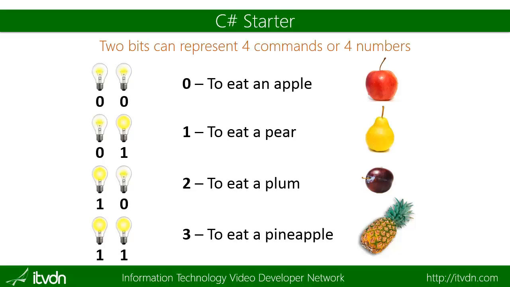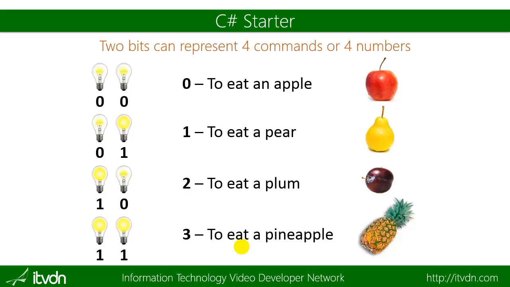You can see we have 0, 0, which means 0, instruction eat an apple. 1, 0, meaning 1, instruction eat a pear. And so on it goes. When you have 1, 1, in decimal it's 3, so you get to eat a pineapple. If you need more instructions or more numbers, then you have to add another bulb.